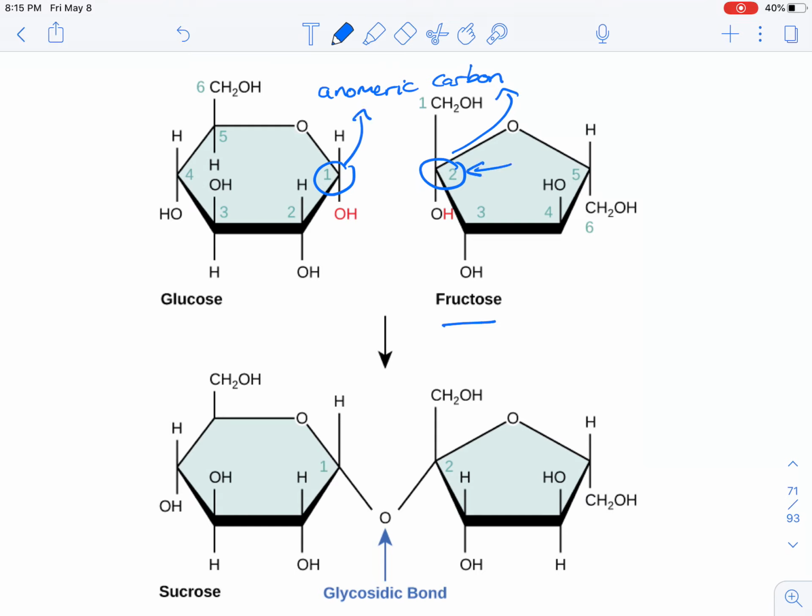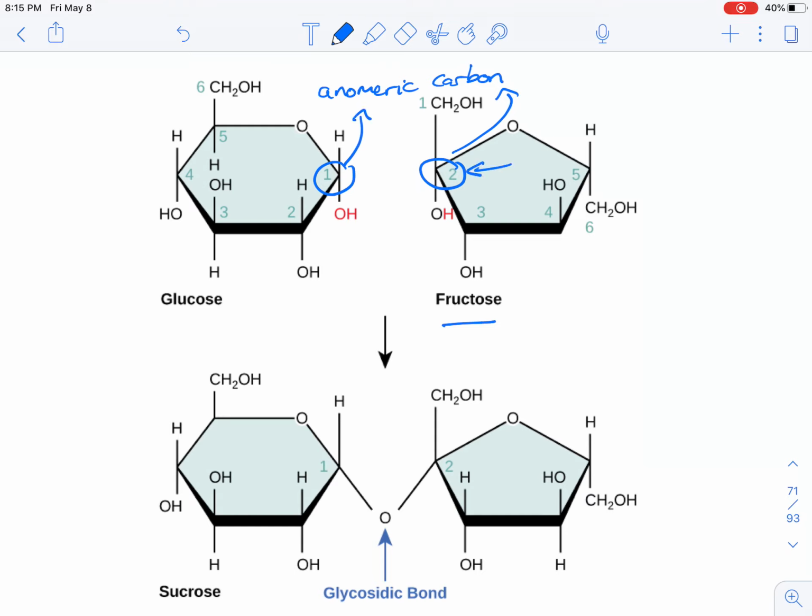In the previous lecture video, when I was showing you how to draw those Haworth structures, we went clockwise. So they basically took fructose, drew it normally, and then flipped it so that both of the anomeric carbons between glucose and fructose are facing each other.